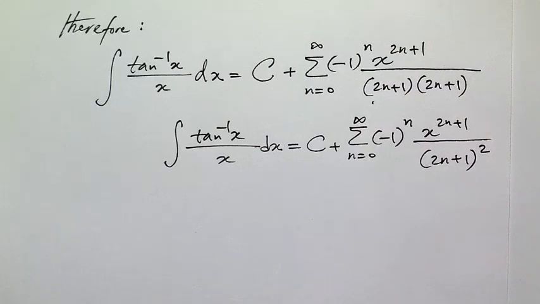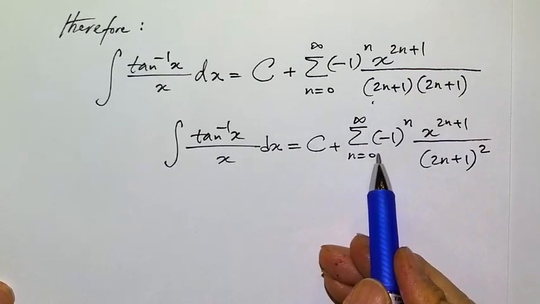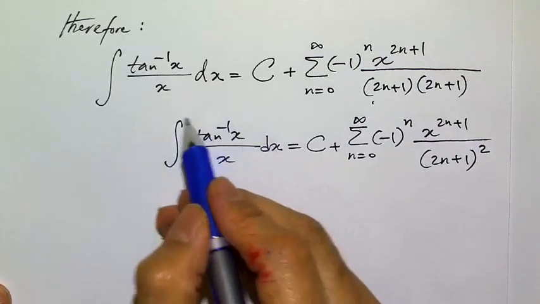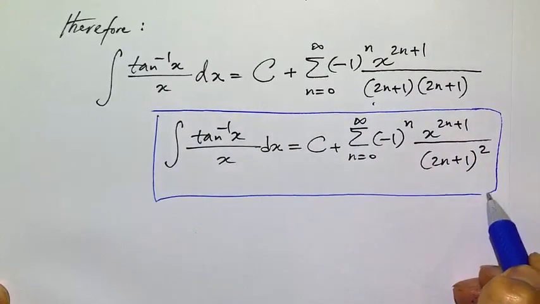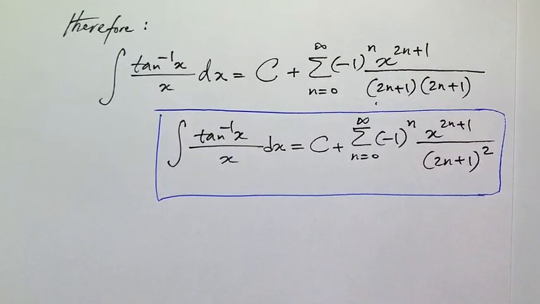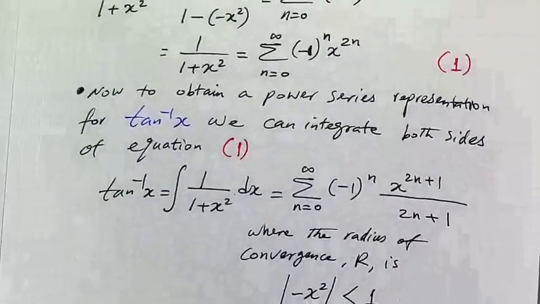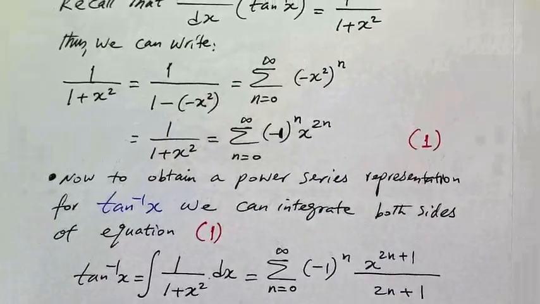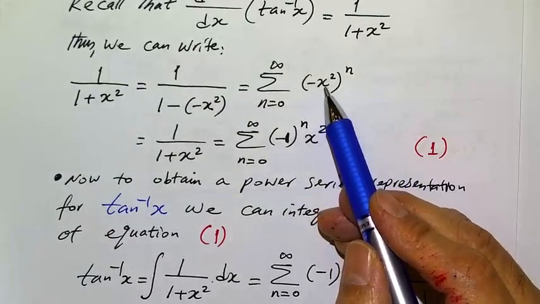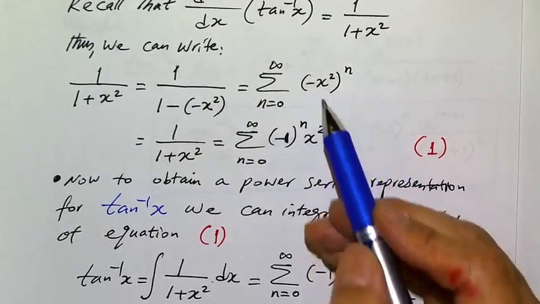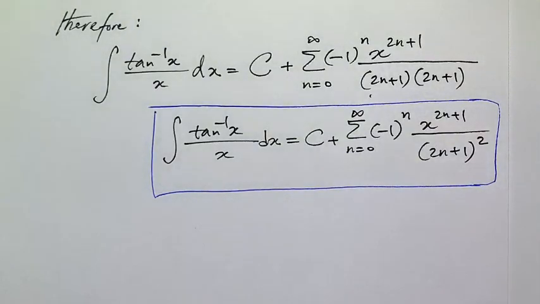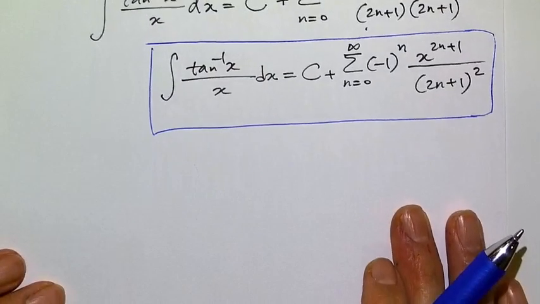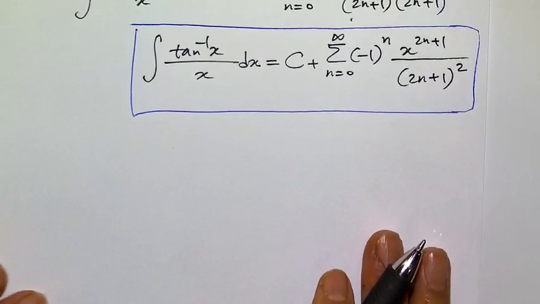Okay, so this is the power series representation of the integral we started with. And of course, the radius of convergence goes back to this absolute value of minus x squared. Which would be absolute value of minus x squared less than 1, which will reduce to r equals 1. Okay, so let me just add a note about that.